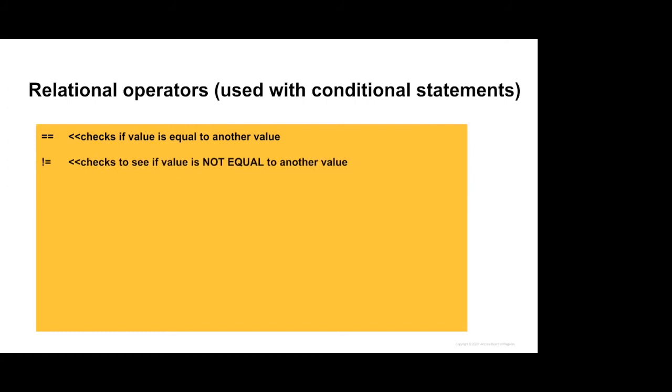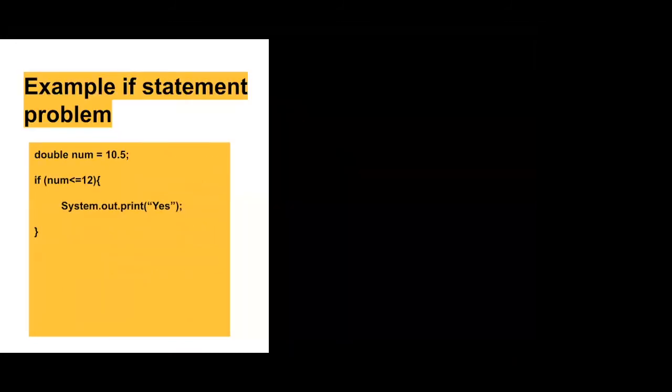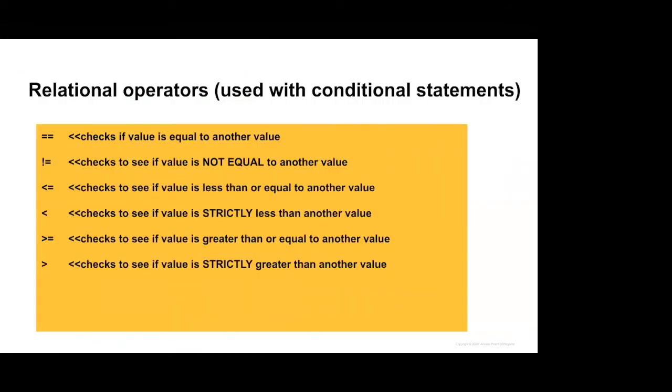And we have the second sign that checks not equal to another value, and less than, equal to, greater than, or equal to. It's pretty straightforward. It's just like the normal operators.